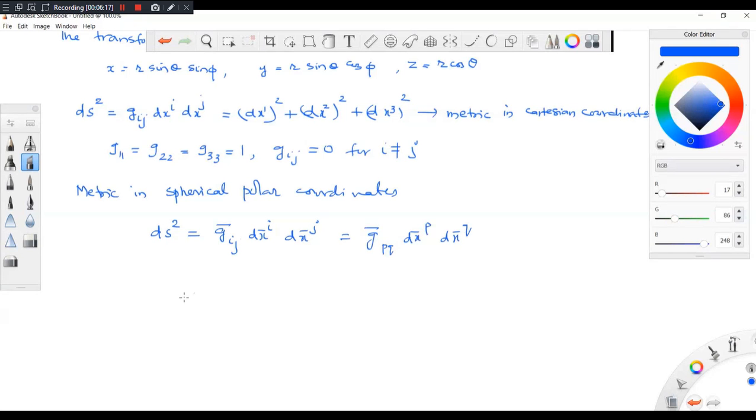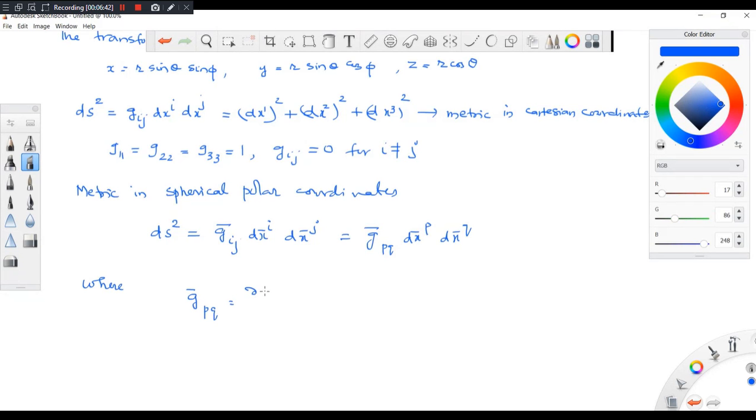So what is the transformation equation where g bar pq equal to del xi by del x bar p, del xj by del x bar q, gij.